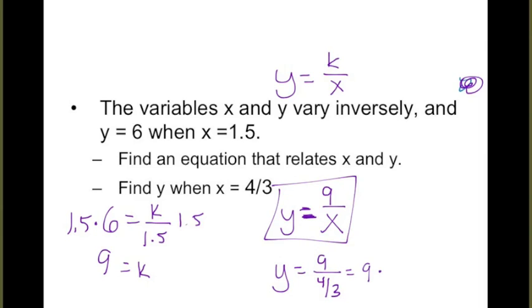Multiply by 3/4. So I get 27/4 as my answer. And that is a fine place to leave it. You could turn that into a mixed number if you wanted, 6 3/4, or you could make it into a decimal, 6.75, but I would just as soon leave it here. Questions on this type of problem?